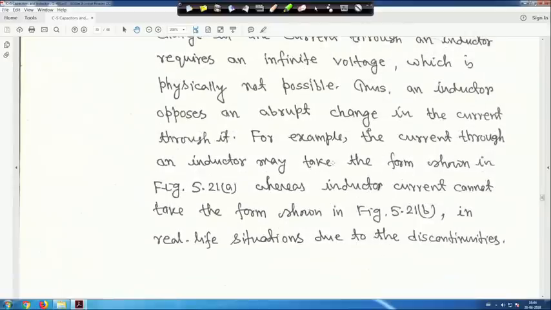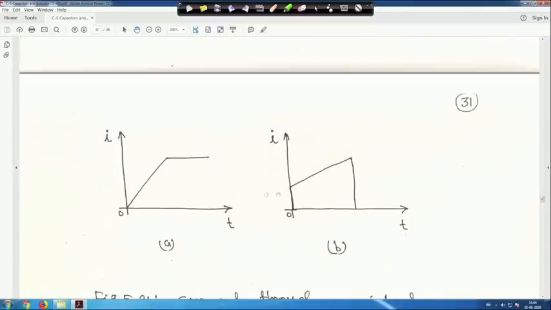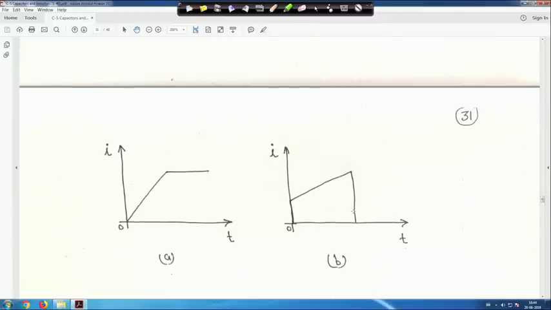For example, the current through an inductor may take the form shown in figure 21a, whereas inductor current cannot take the form shown in figure 21b in a real life situation due to discontinuities. That means this kind of change is okay in figure A, but in the other one it is suddenly falling to 0, which is not possible in real life.